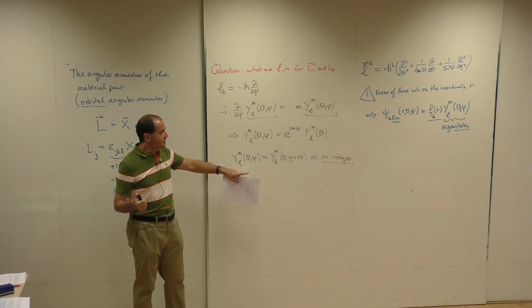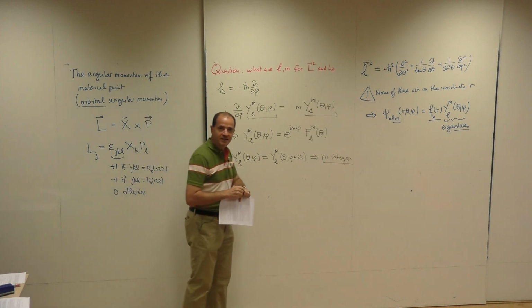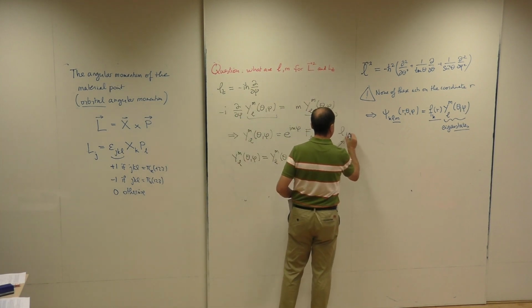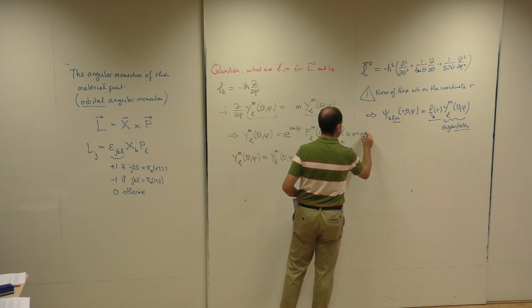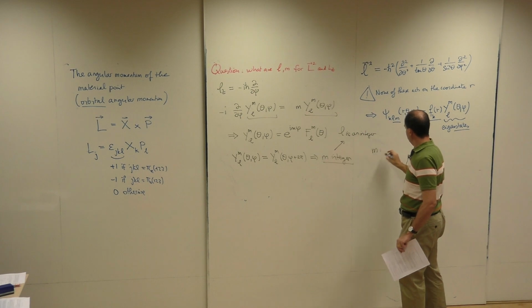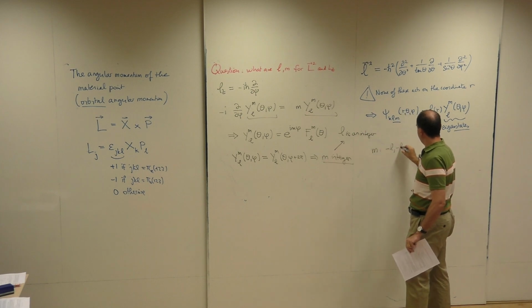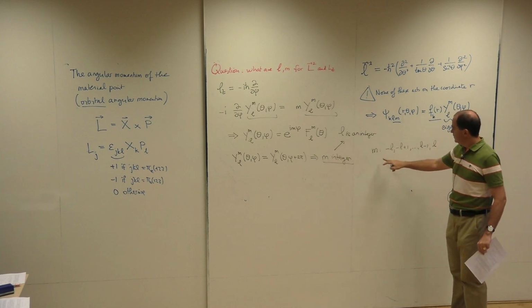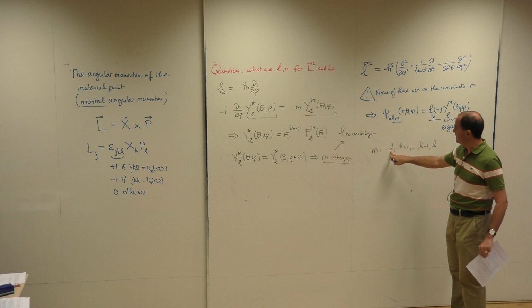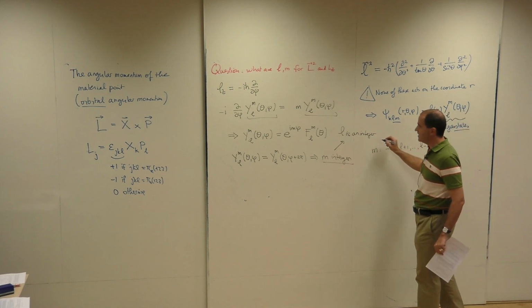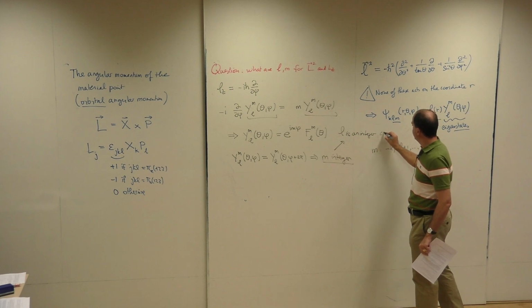The fact that m is an integer implies immediately, by the theory of angular momentum in general, that L is an integer. Because remember that the value of m will be minus L, minus L plus 1, and so on, up to L minus 1, L. So if these numbers must be integer, clearly L must also be an integer. So the non-trivial statement is that it cannot be half integer.